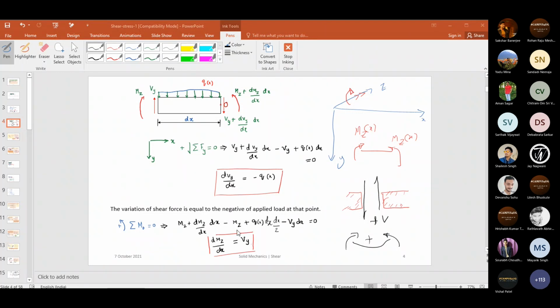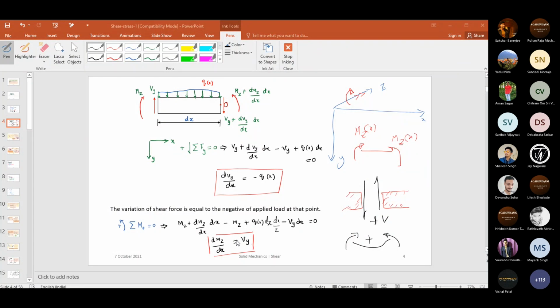So why does qx into dx by 2 get 0, sir? qx into dx is what? Total applied load. Now I will assume, since dx is very small, the lever arm at the center. Is that all right? Or if you don't want, you make it dx by 3 or dx by 4.